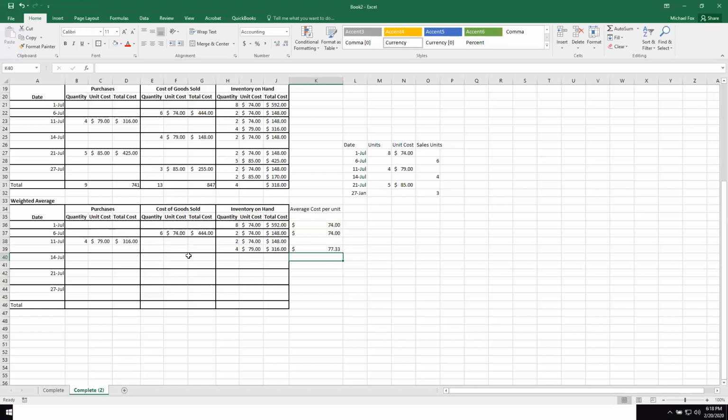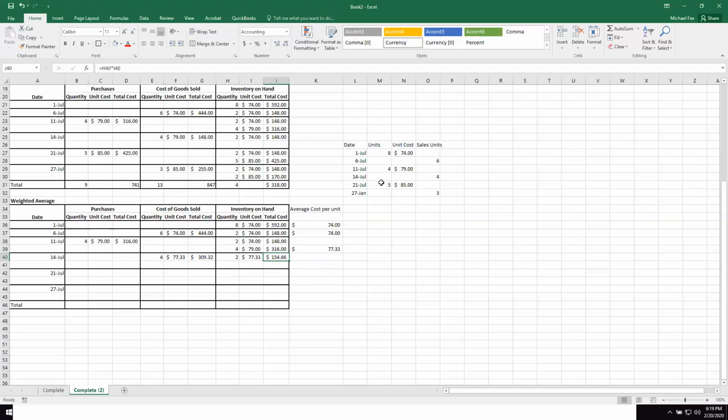So on the 14th of July, we sell 4 units at an average cost of $77.33. So we'll say the total cost of that was 4 times 77.33. And then remaining in inventory, we have 2 units with an average cost of 77.33 for a total cost of 154.66.